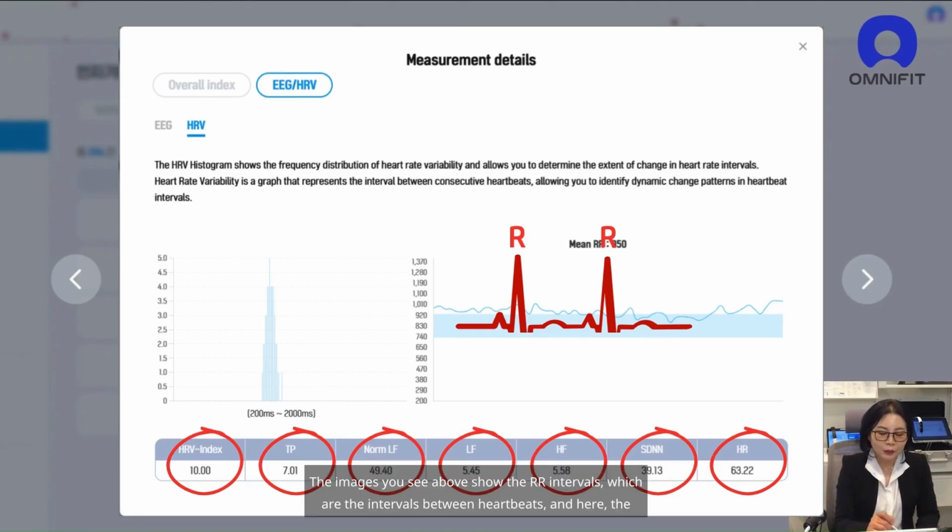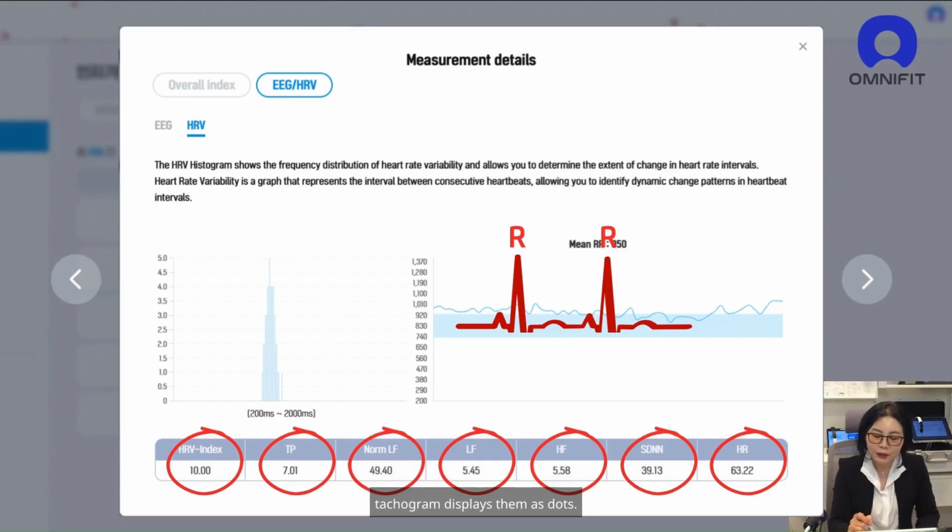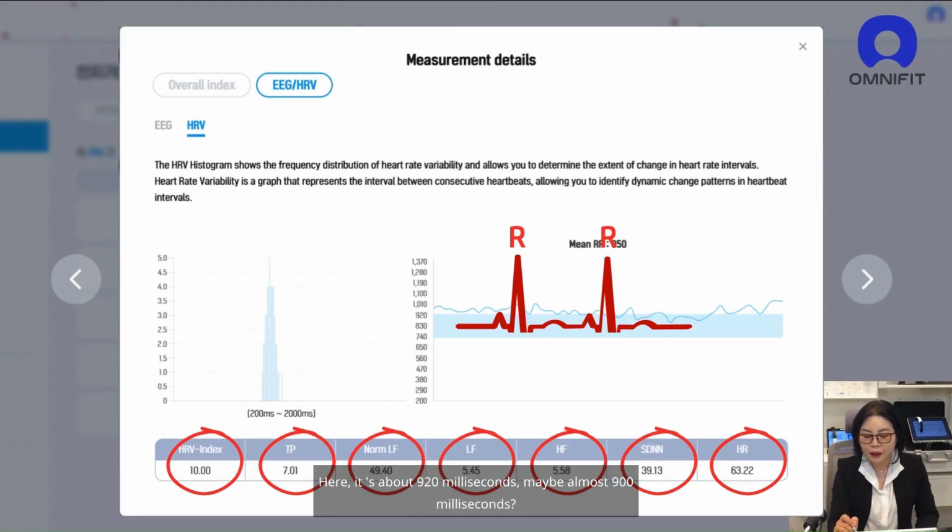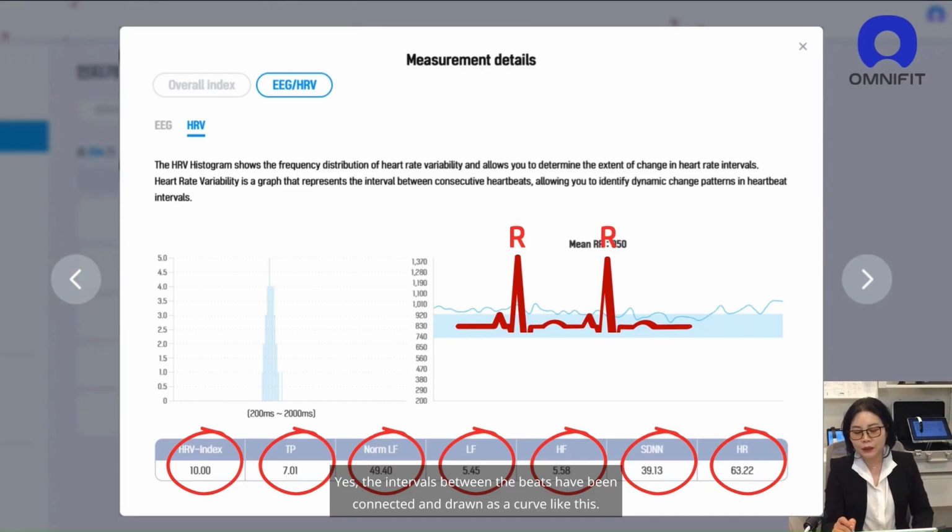The images you see above show the RR intervals, which are the intervals between heartbeats, and here, the tachogram displays them as dots. In this case, the heart was beating very slowly for this person, specifically. Here, it's about 920 milliseconds, maybe almost 900 milliseconds. The intervals between the beats have been connected and drawn as a curve like this.